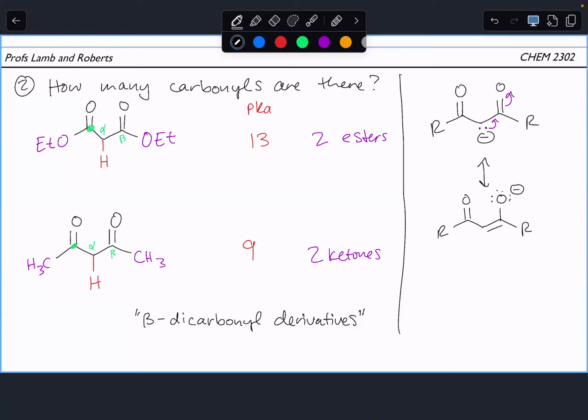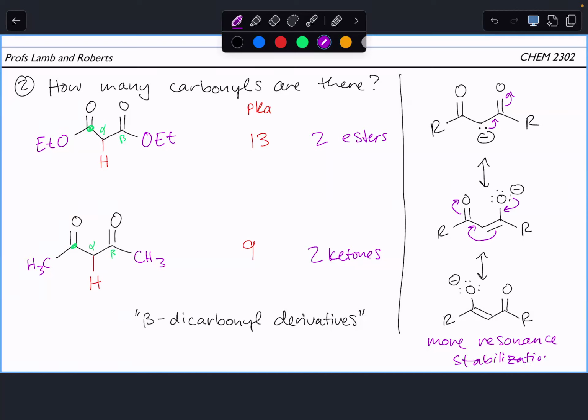Or we can draw it all the way on the other side, where I can push my electron density all the way to the left. So our good friend resonance never goes away. Very important. So in this case, now we have more resonance stabilization. If we have more resonance stabilization, it's a more stable conjugate base. Therefore, it's a more acidic proton.